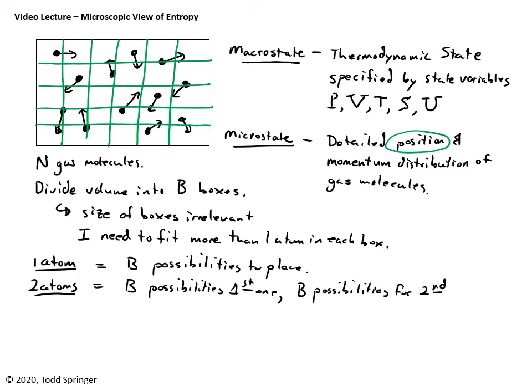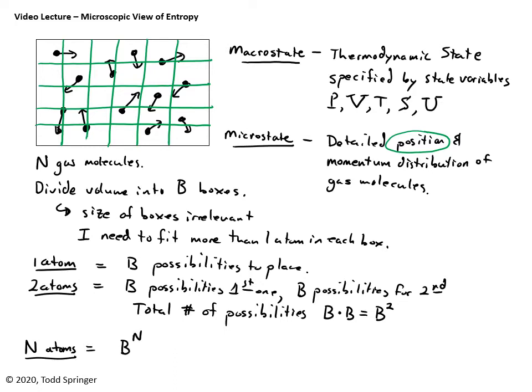So the total number of possibilities is the product of those two, B times B, which is B squared. And hopefully you can see how this goes. Now, what if I have n atoms? There's going to be B to the n possible arrangements.